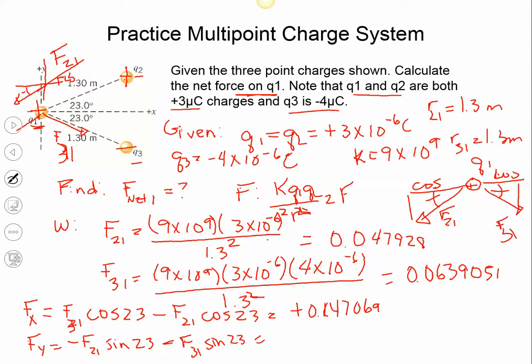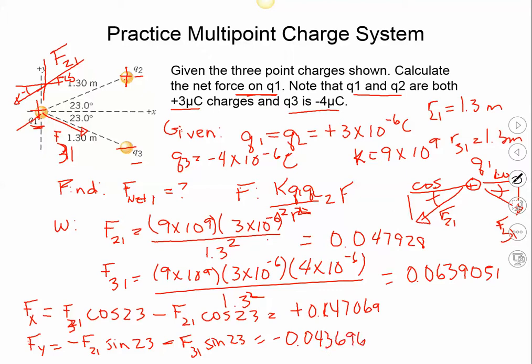They're both negative, so whether I add them and then put on the negative sign or whether I put the negative sign in there, it doesn't matter. If you poke this into your calculator, you should get negative 0.0436. I'm going to carry it out again a few more decimal places.